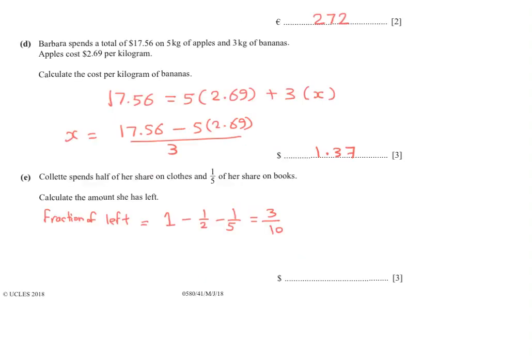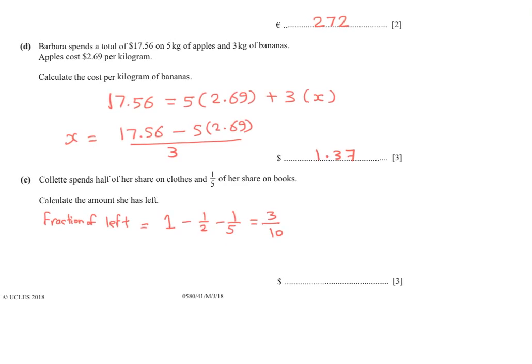Colette has 136, so the money left is 3 over 10 times 136, which equals 40.8.